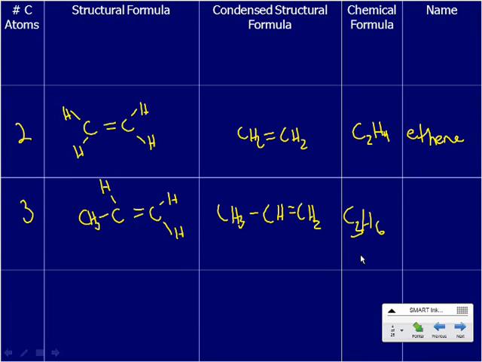What's the general formula for alkenes? How many H's are there compared to the C's? 2 times. So CnH2n. There's no plus 2 because we had to take the 2 away in order to make the double bond. That's how you could actually check to see if it's saturated or unsaturated.